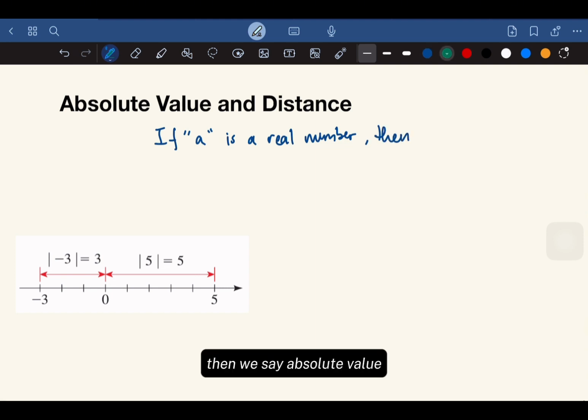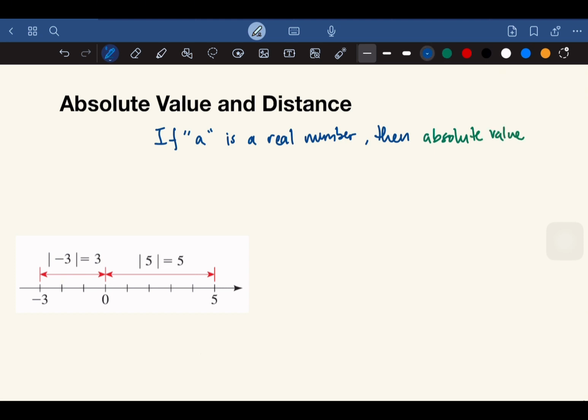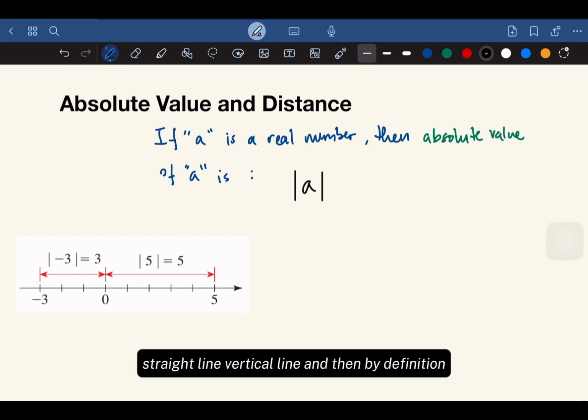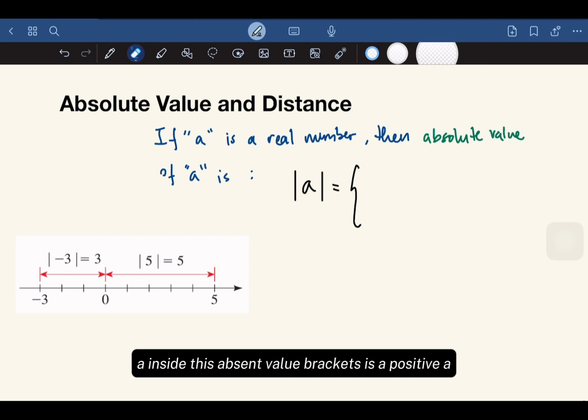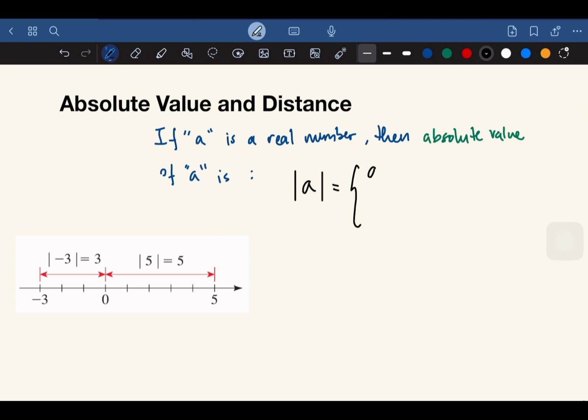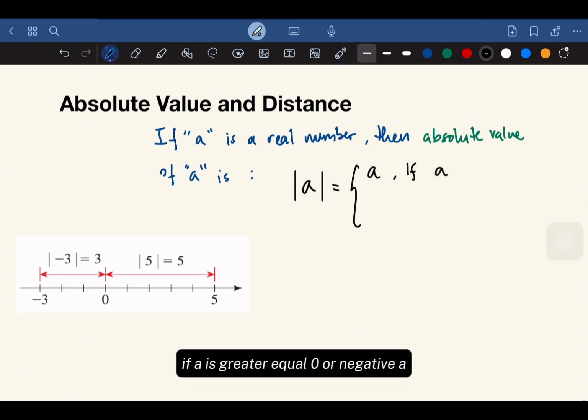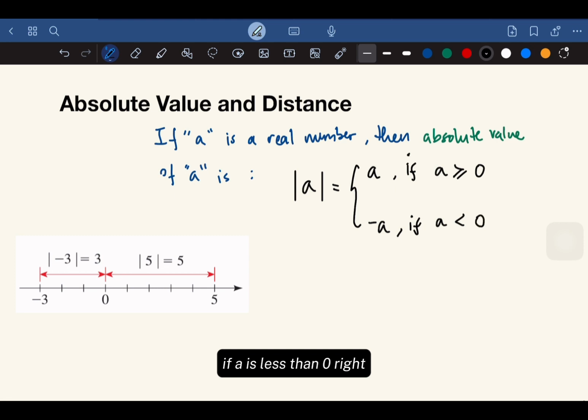Then we say the absolute value of A is, we write with this straight vertical line, and then by definition, A inside the absolute value brackets is positive A if A is greater or equal to 0, or negative A if A is less than 0, right?